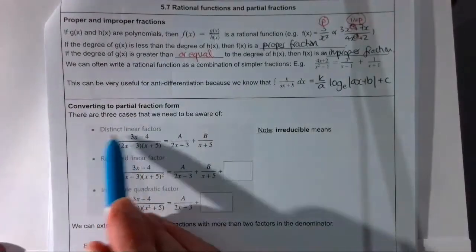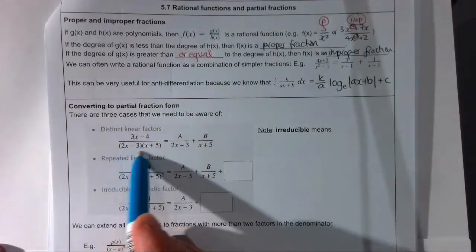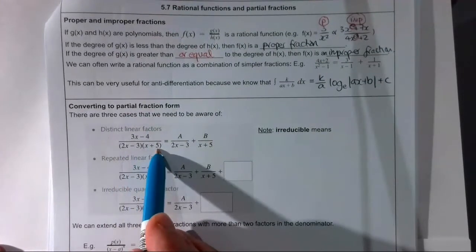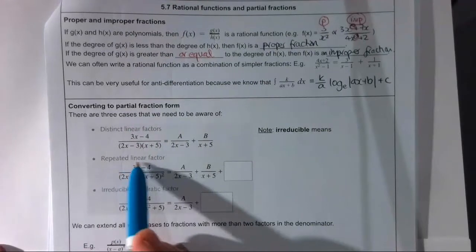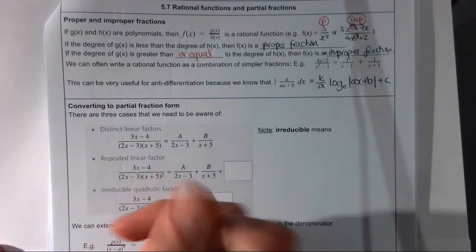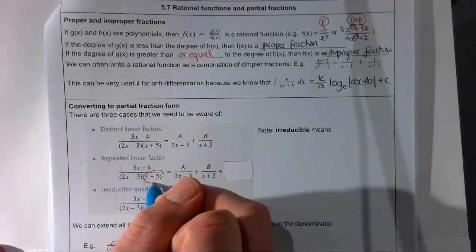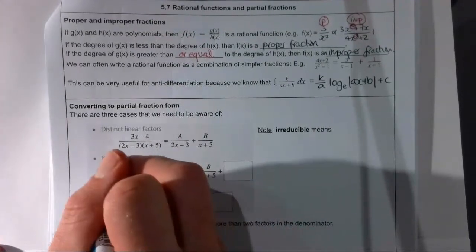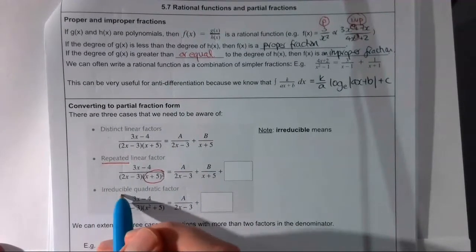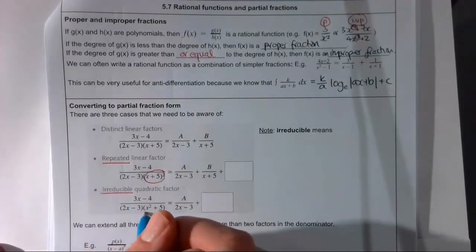We're going to look at distinct linear factors, and what we're talking about here is the denominator, so 2 different linear factors on the denominator. We're going to talk about repeated linear factors, so that's this bit, the fact that I've got x plus 5 all squared, that's the repeated linear factor. And then we're going to look at an irreducible quadratic factor.